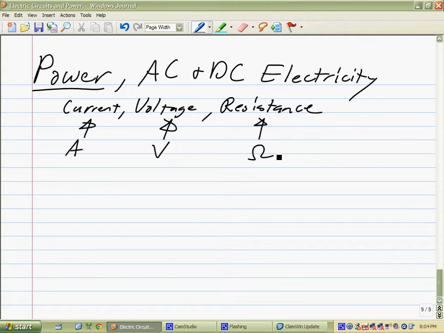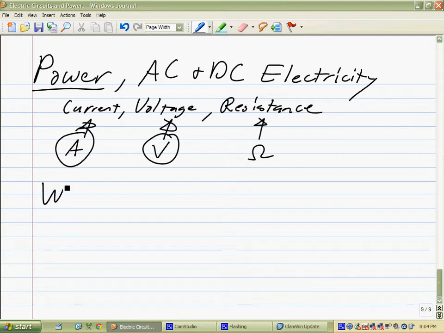Now, when you become a homeowner or a renter, or you live in an apartment or whatever it is, and you're on your own, you're going to have to pay your bills. And one of the things you're going to get is an electric bill. And you're going to find that power companies don't charge you by voltage. They don't charge you by the amperage that you use. They're going to instead charge you by the watt.